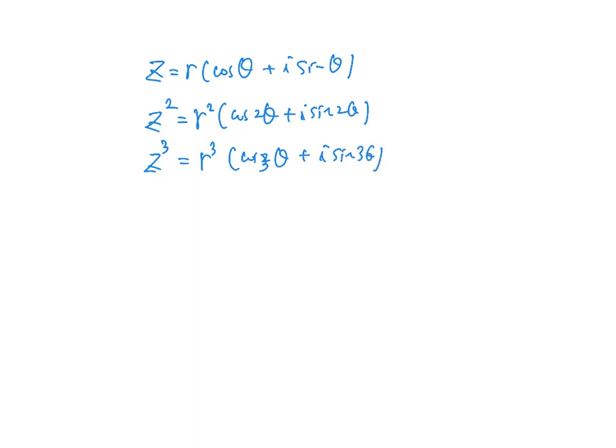We could just add the angles to keep continuing. And z to the n is r to the n (cosine n theta + i sine n theta).